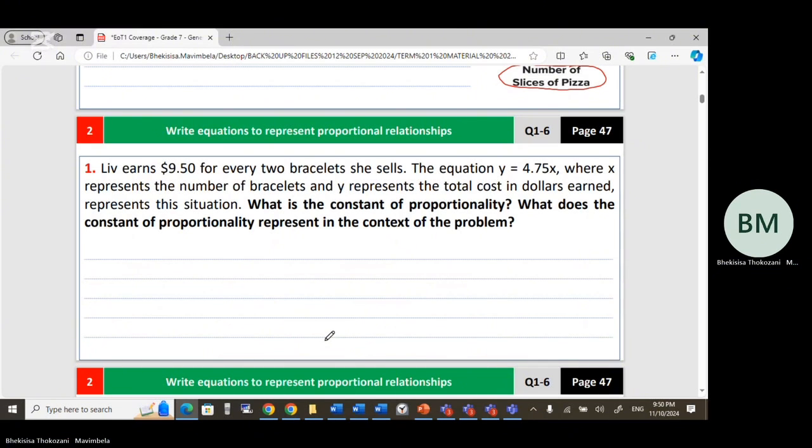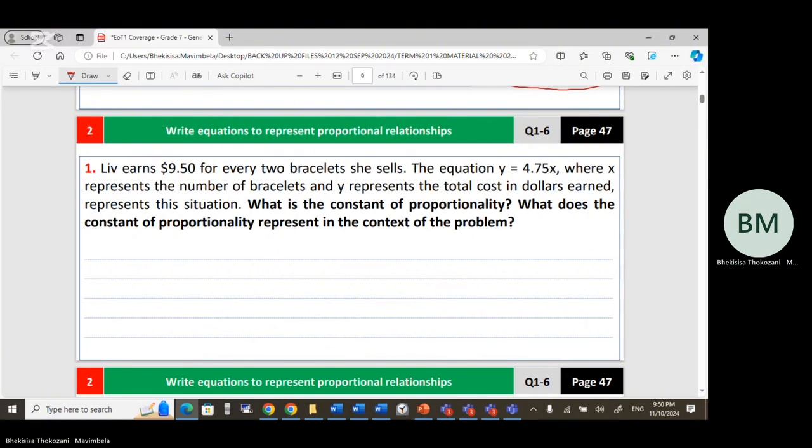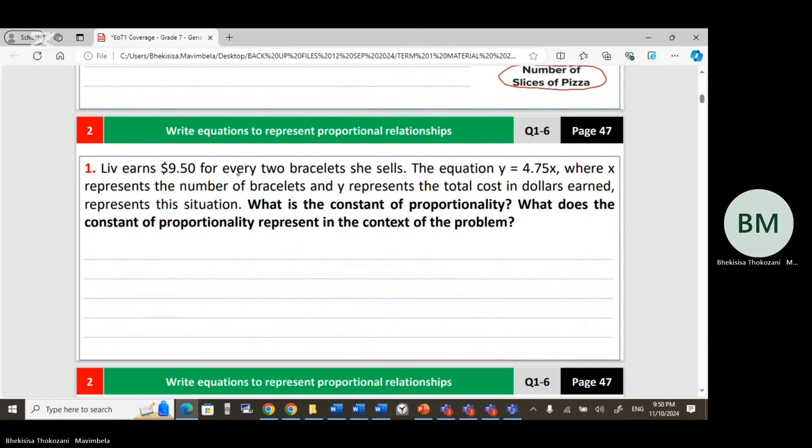Okay. So the first one says here, sometimes they write many stories just to confuse you.